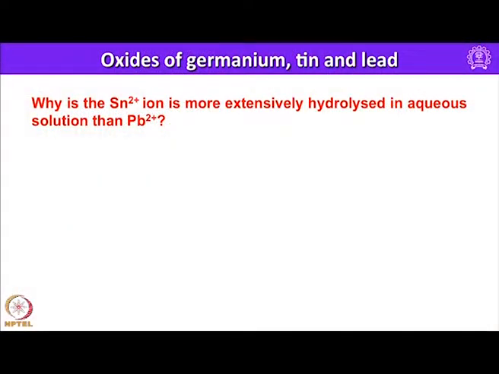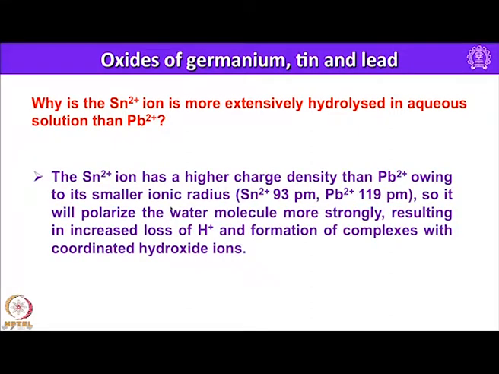So, I have a question here: why is the tin 2 plus ion more extensively hydrolyzed in aqueous solution than Pb2 plus? The answer is very simple. Let me read again the answer I have given in the slide. Sn2 plus ion has a relatively larger charge density compared to lead 2 plus owing to its smaller ionic radius.